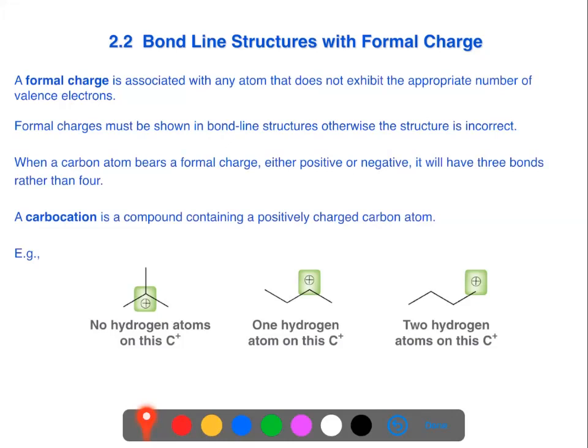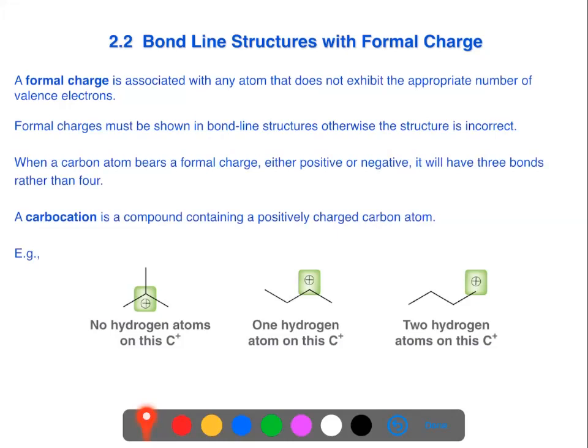And so it's important to recognize in your bond line structures whether or not a carbon or nitrogen or oxygen center has one electron less than it normally has in its neutral state, or one additional electron more than it normally has in its valence state.